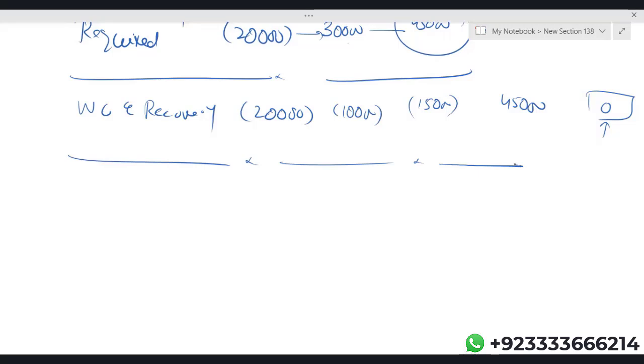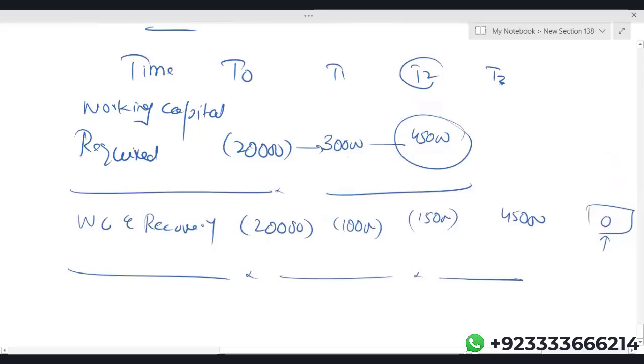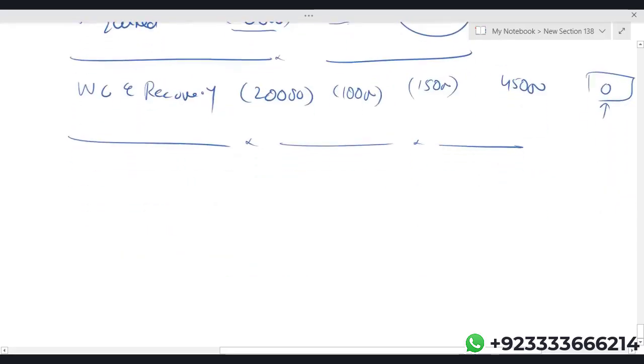Now, there are two possibilities relating to working capital. One, the working capital requirement will change every year, like in this example. Initially it was 20,000, then total 30, then total 45. So the working capital requirement is changing. There's one more possibility, that the working capital requirement remains the same.